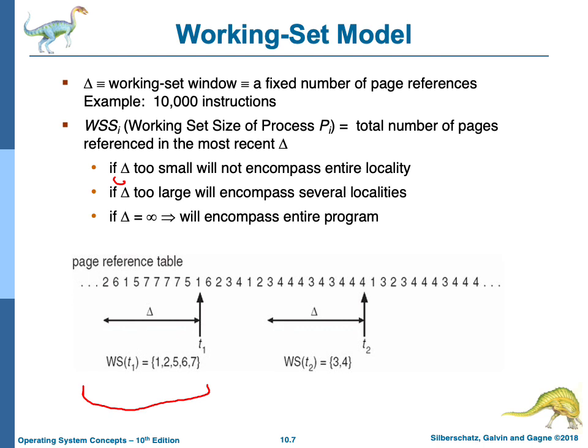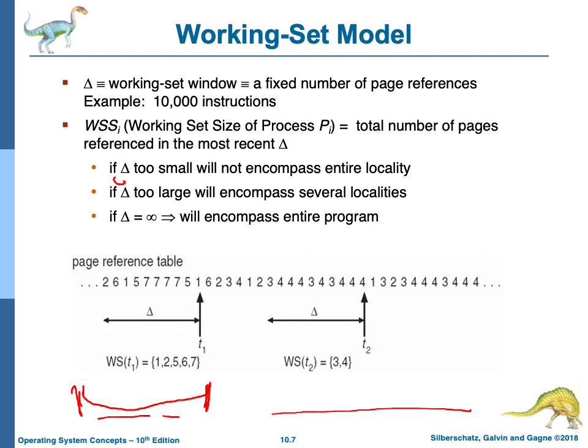And if it's too big, then we're going to end up covering the entire process's references, and this does include multiple localities, right? So what we want is an optimal window size that really represents the set of pages that the process is actively using at a given time.